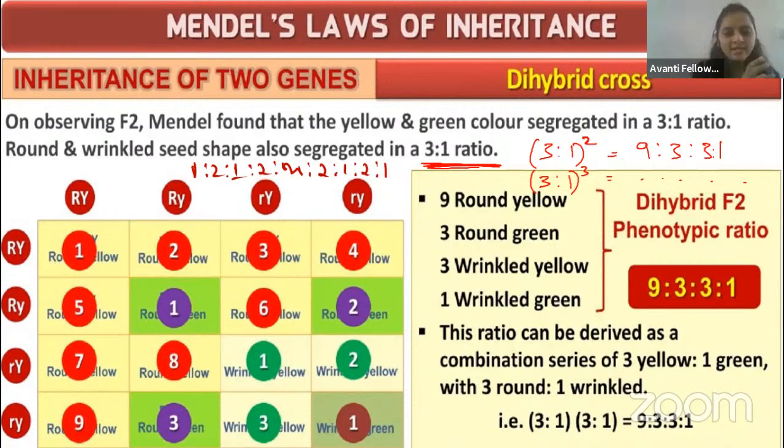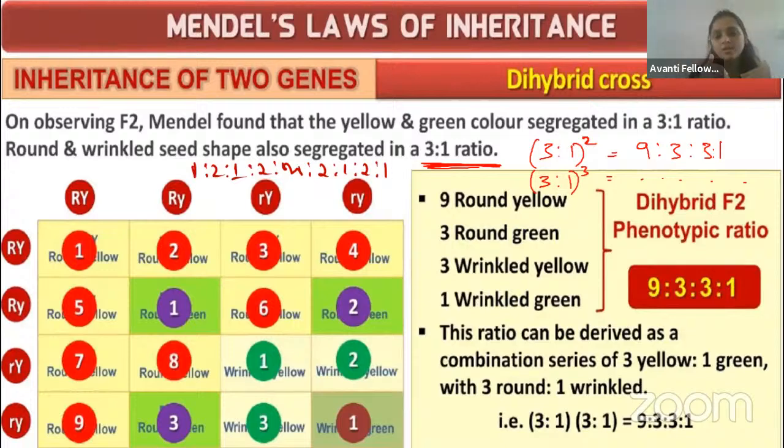So guys, if you take these two characters, they are assorting independently, right? If you take one particular character, that is the color of the seed, it is assorting independently, right, guys? If you take only the color, as I explained in the test cross, when Lakhan asked me, at that time I told you that if I take capital R and small r, capital R is the yellow color, small r is the green color, right?